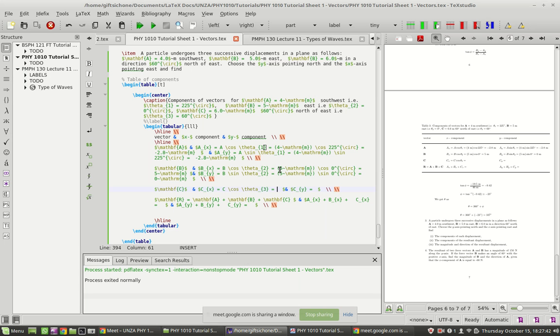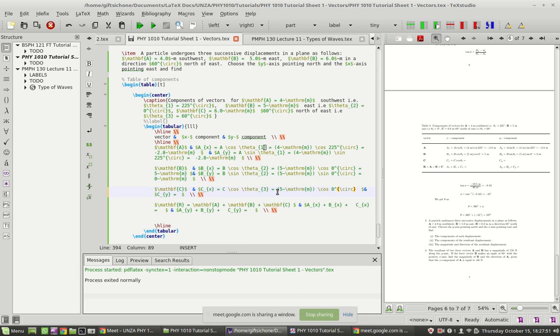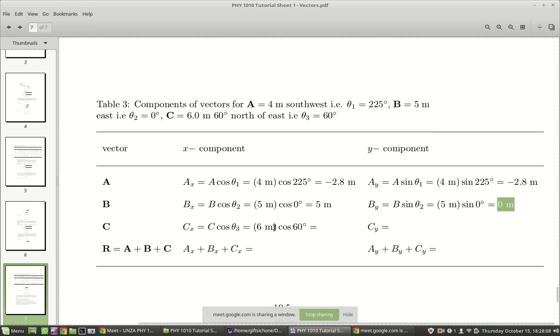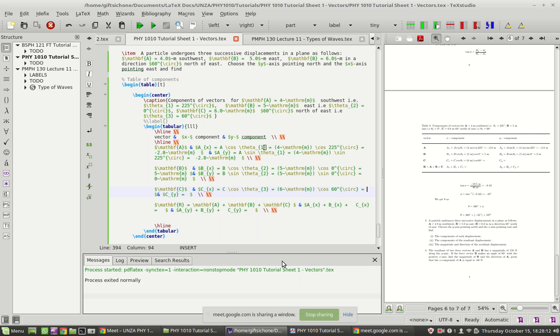How much is the magnitude of C? 6 meters. And what angle does it make with the positive x-axis? 60 degrees. So how much do you get? 6 meters times cos 60 degrees is 3 meters.